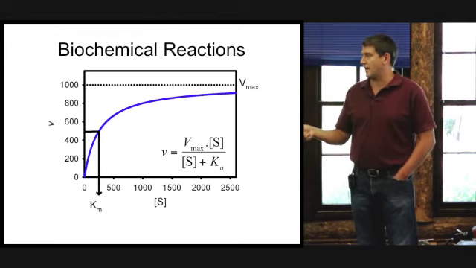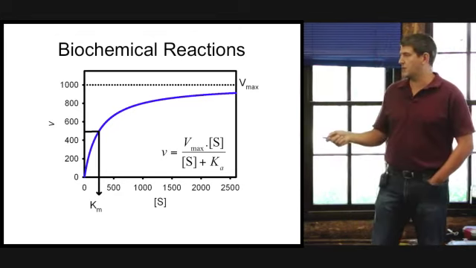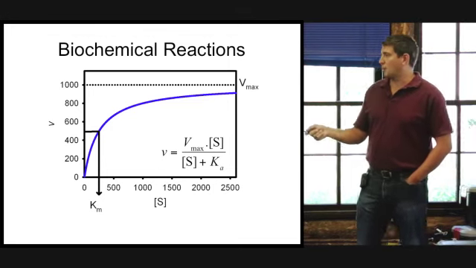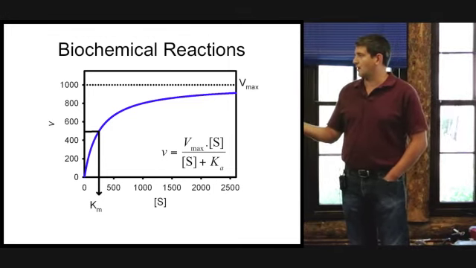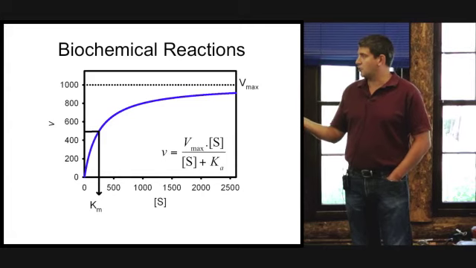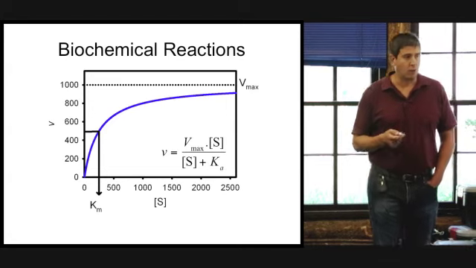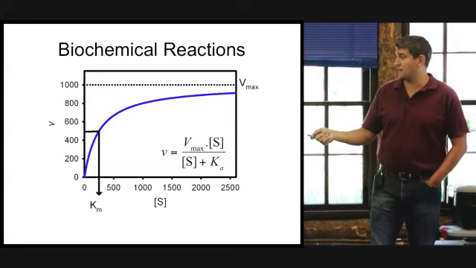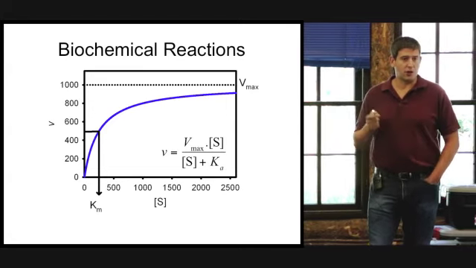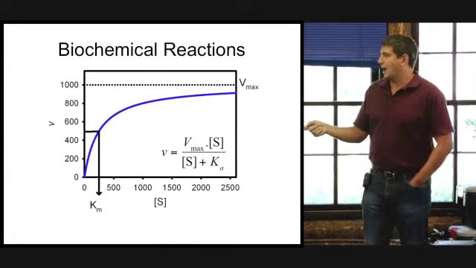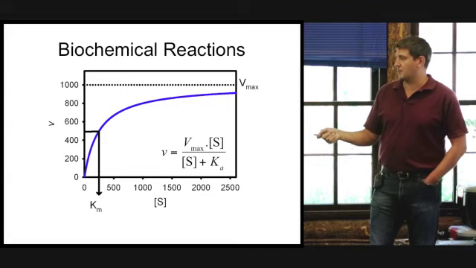This is the velocity of a reaction, basically how fast a reaction is going to proceed, and this is the concentration of your substrate. Typical biochemical reactions look like this blue line. From this blue line, you can determine 2 parameters. One parameter is Vmax, the maximum rate of a reaction, assuming you have an infinite amount of substrate present. So that is the upper limit of how fast that enzyme can catalyze a reaction. And then you have the Km, which is the Michaelis constant.